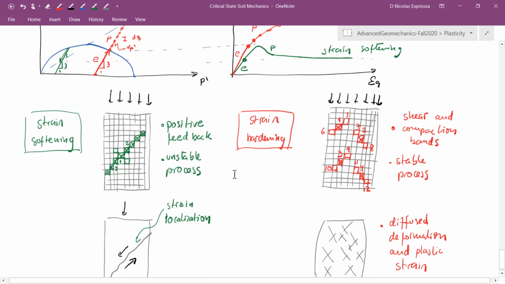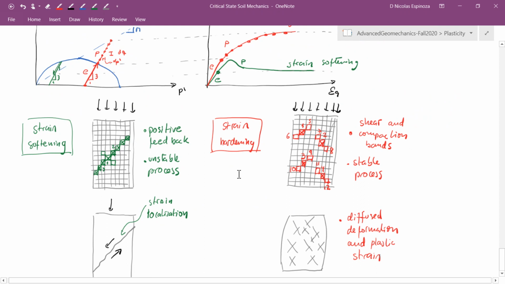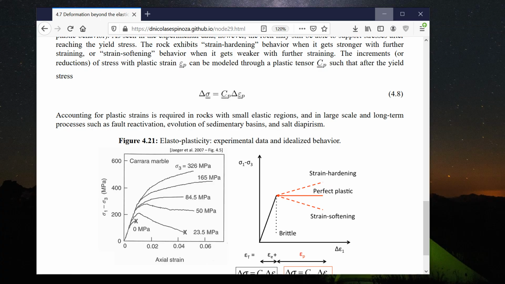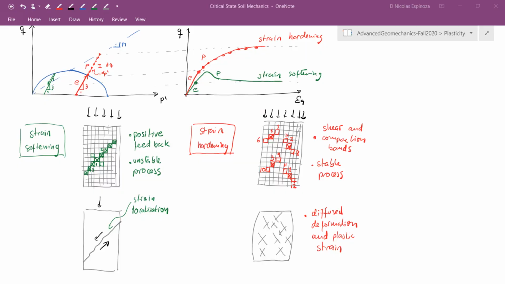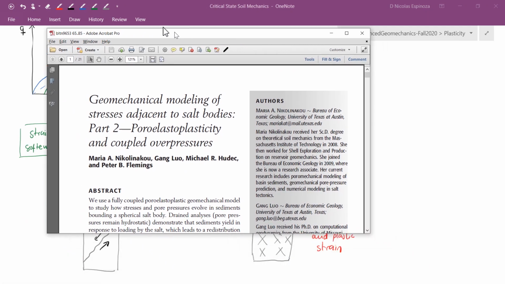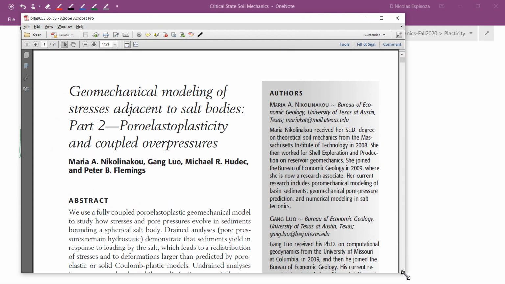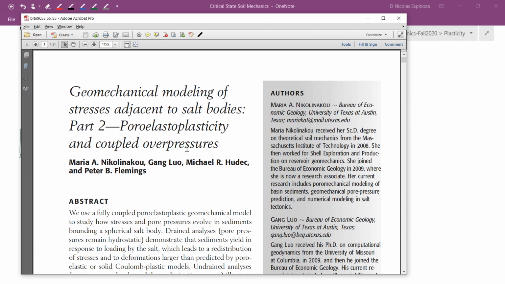First is to tell you that these models of soft sediments lately have been very successful in modeling processes in mud rocks at the small scale and also at the geological scale. Here I have one paper that, if you're interested in this topic, I suggest that you read. The paper deals with the deformation of mud rocks and sediments adjacent to salt bodies.